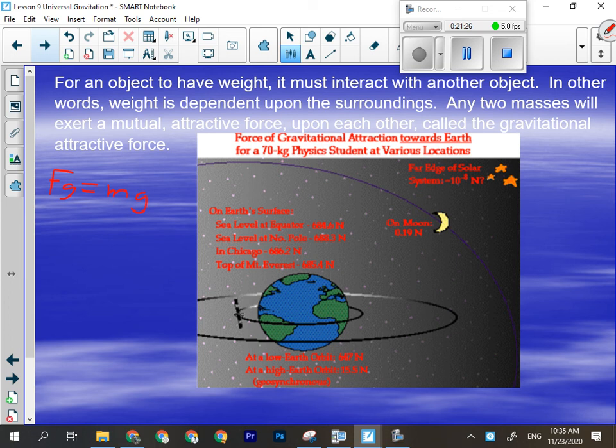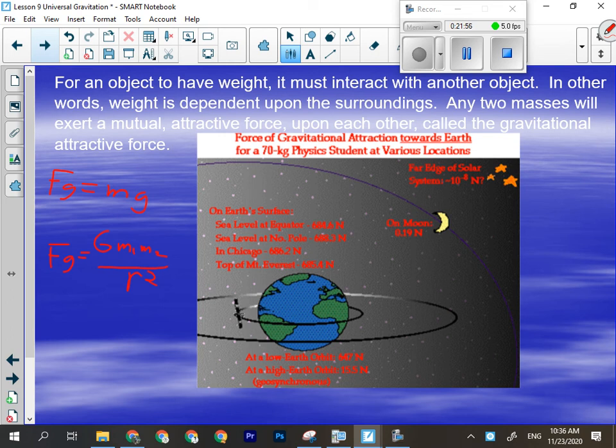But in actual fact, it's this. The force of gravity is the universal gravitational constant, which is just a number that's on your formula sheet, times the two masses divided by their separation distance, or radius, squared.